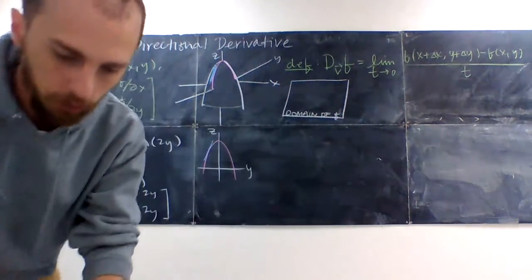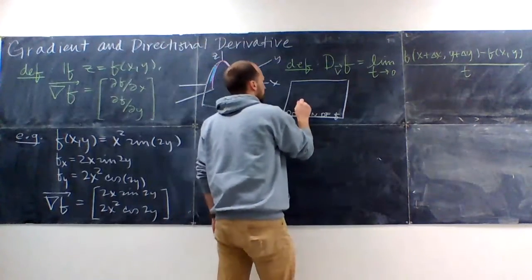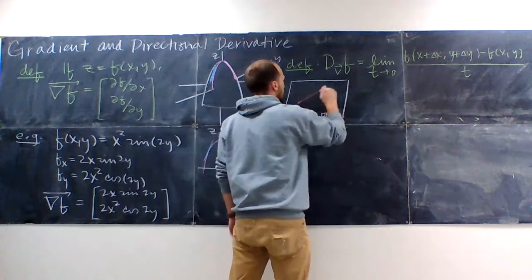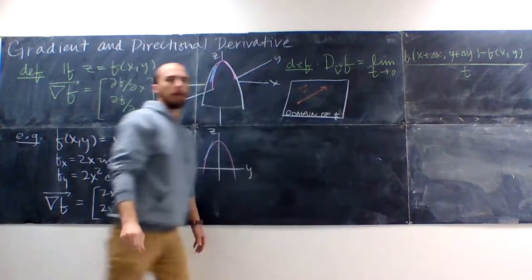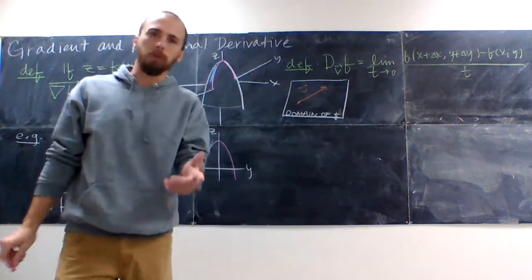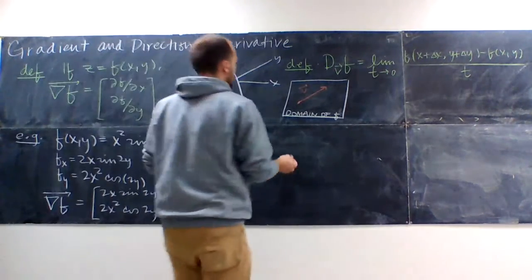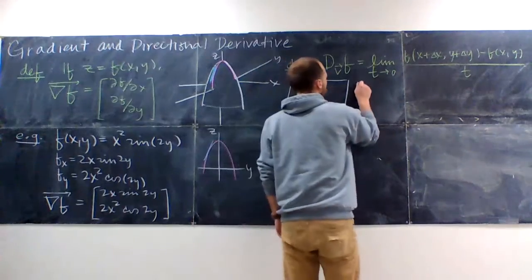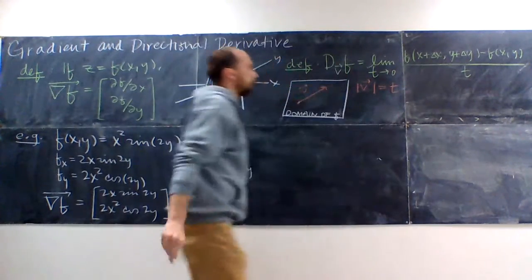And then I could start at a point and get a vector from it. What I need is for the length of this vector to be t. So I'm going to say the length of v is equal to t.